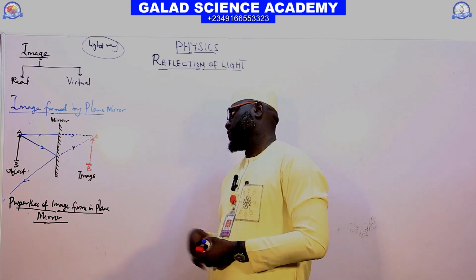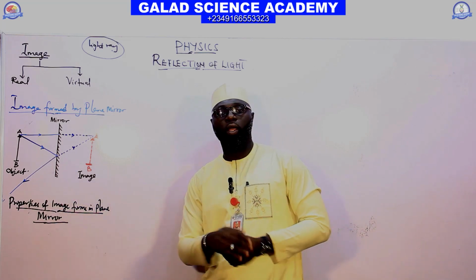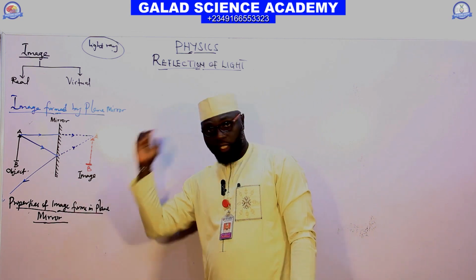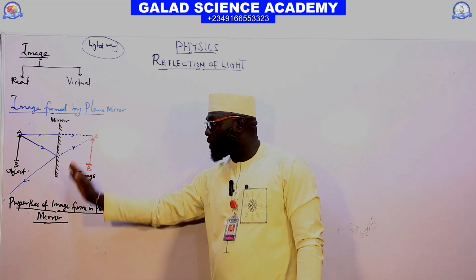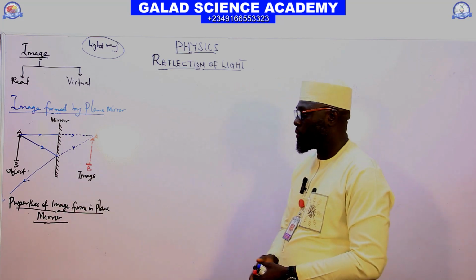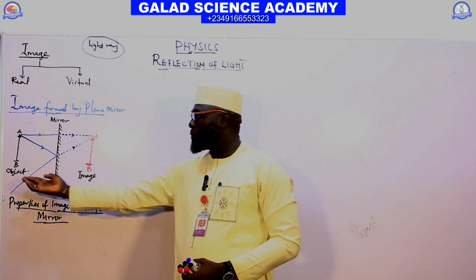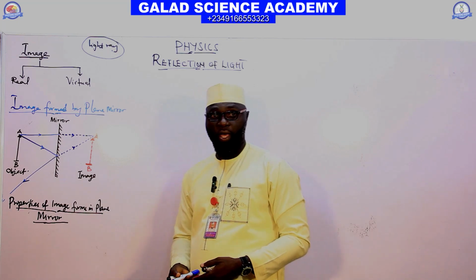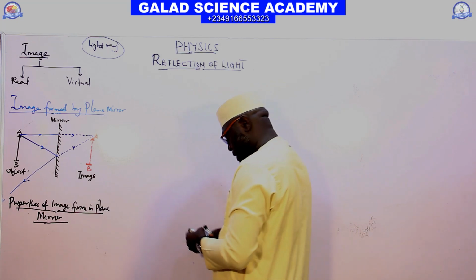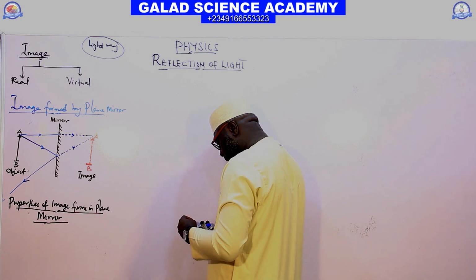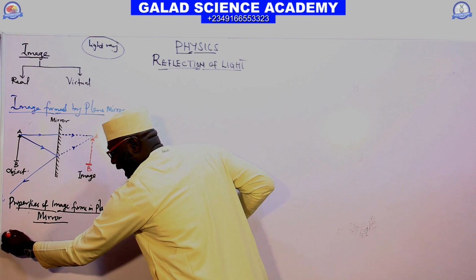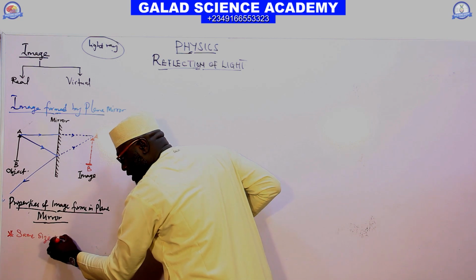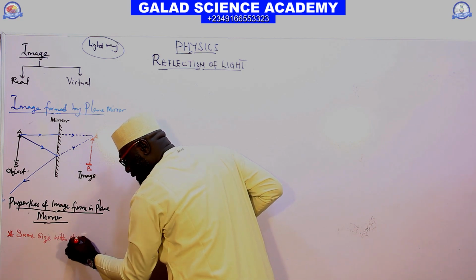From this, I think we can deduce the nature or properties of image formed in plane mirror. Look at this object and image, they are of the same height. Therefore, number one, you can now say that the image formed is the same height or the same size with the object.